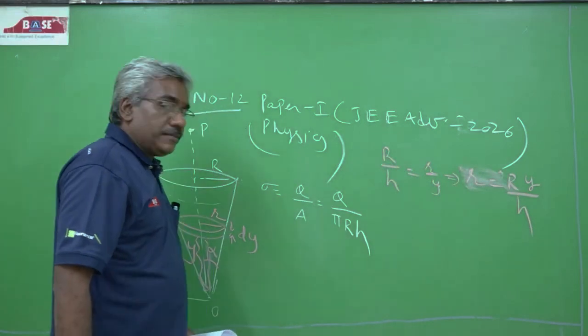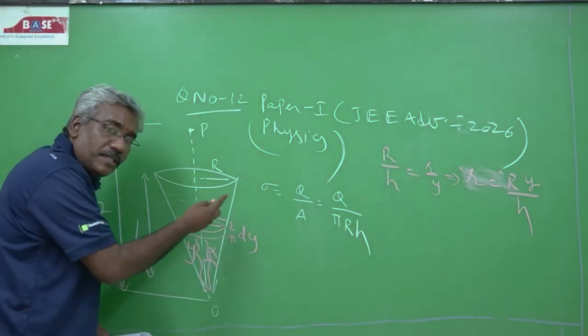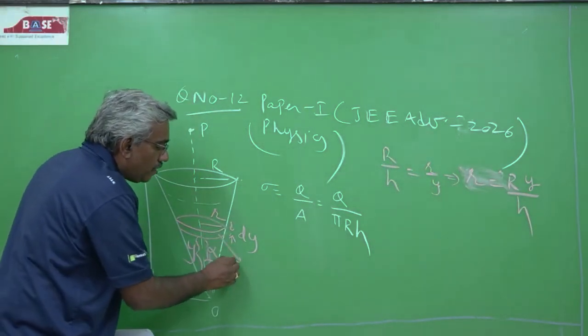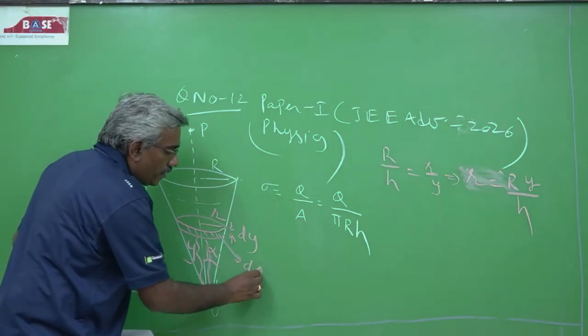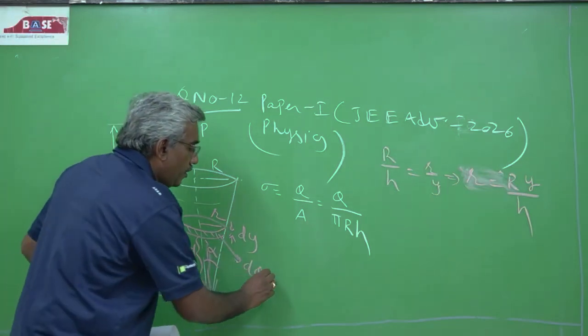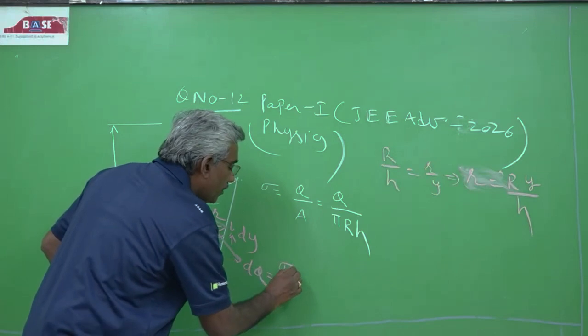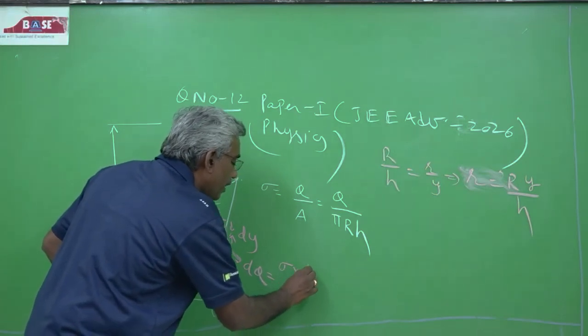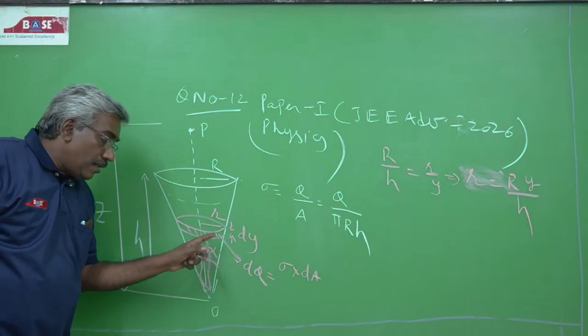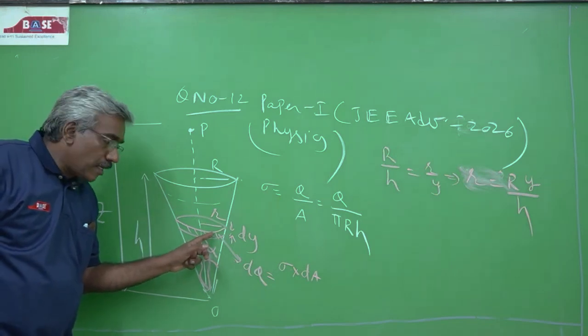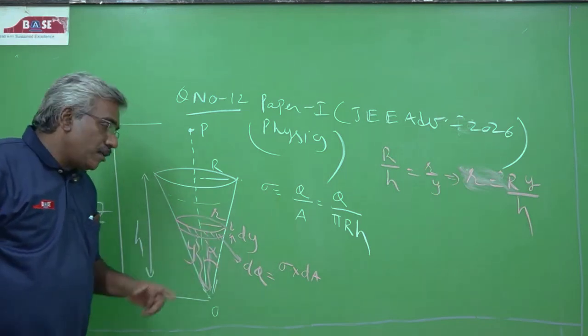Now, due to rotation, on this elementary ring, the shaded portion, the charge dq is equal to sigma multiplied by dA. dA is the area of this strip, which is 2 pi r into dy.